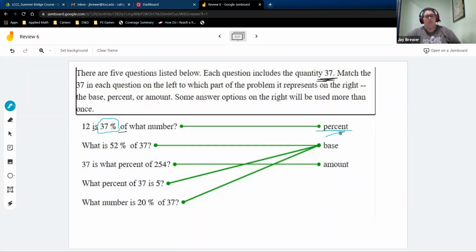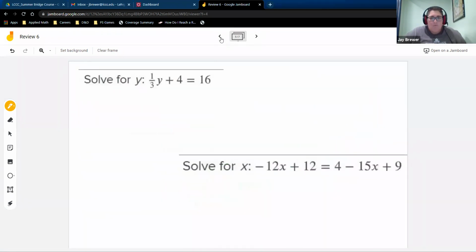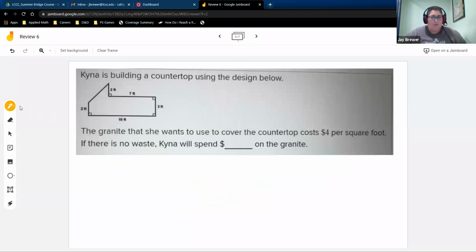So that one's pretty easy. When you see of, anytime you see of and the word and then 37, then it's going to be a base. And then when you have is, an amount. All right. Ooh, super fast.